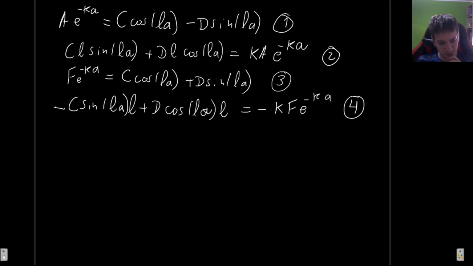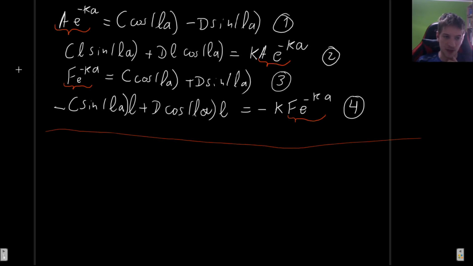Usually what I like to do is to see, okay, we have A e to the minus Ka here, and also here, and we also know F e to the minus Ka, and that same thing appears here. So we can actually eliminate F and A if we replace equation 1 into 2 and 3 into 4. So let's now do that.